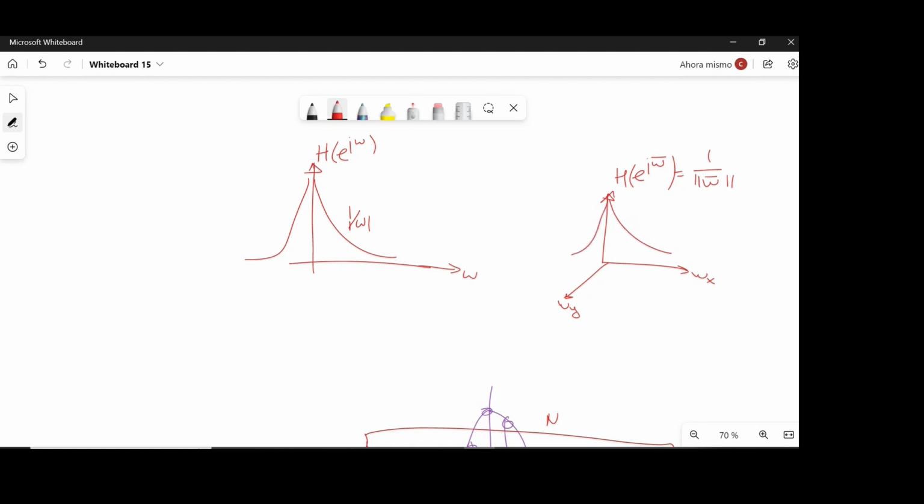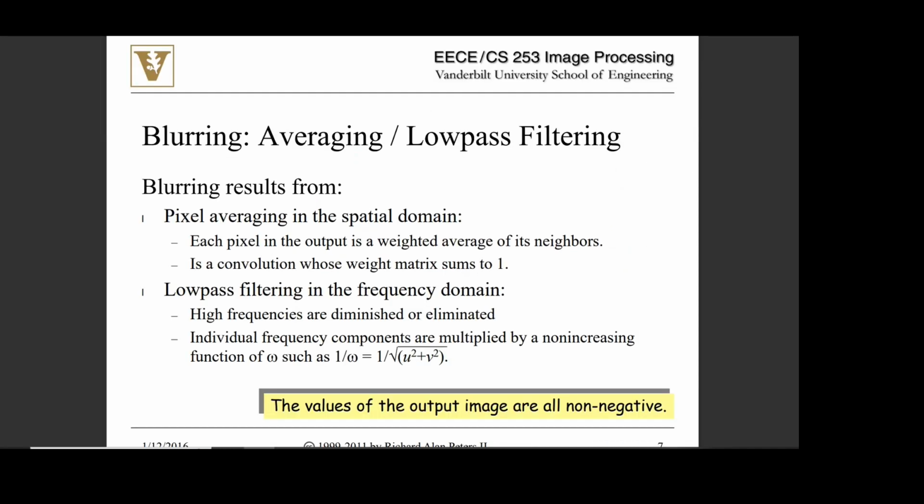And then it will be a filter like this. So for every current point here, you have the amplitude, and the amplitude is that expression. And this would be a low-pass filter. This is what you have in here. This is 1 over the module of the frequency.